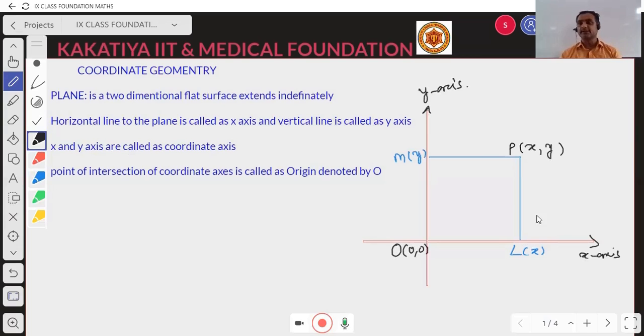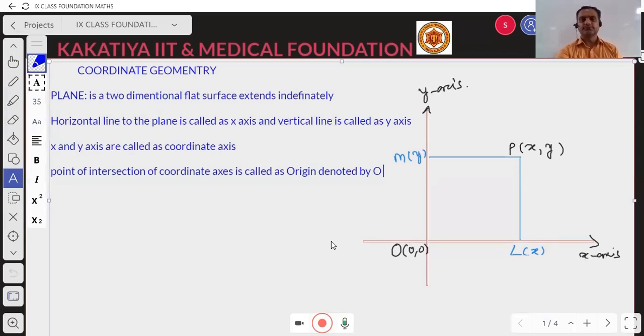So which means every point in the plane has two real values, x and y. So this x real value of the plane is what you consider as the x coordinate. Okay, so every point in the plane has two real values, as x coordinate and y coordinate.